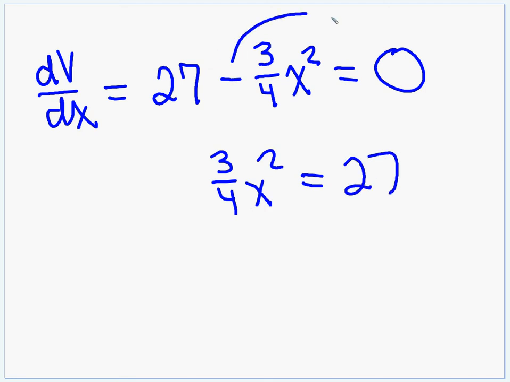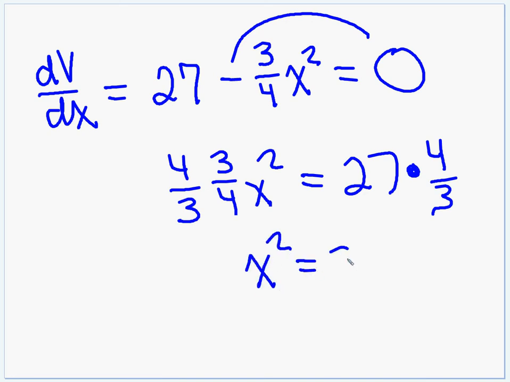So again, if this jumped over, it would be positive, and now these two are positive and equal to each other. And then let's see here. If we multiply by the reciprocal, 4/3, 27 times 4/3 is equal to 36. X squared equals 36. And obviously take the square root. If we root both sides, we get plus and minus 6.